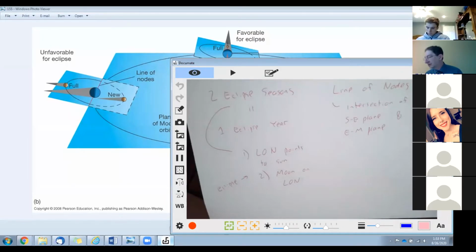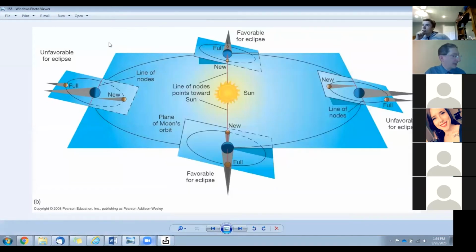Now, the last topic has to do with this precession question that we got. And it goes to this figure being not completely truthful. If you look at this figure, it looks like you have 2 eclipse seasons, one over here, and then you start back over. There'd be 2 eclipse seasons every calendar year.